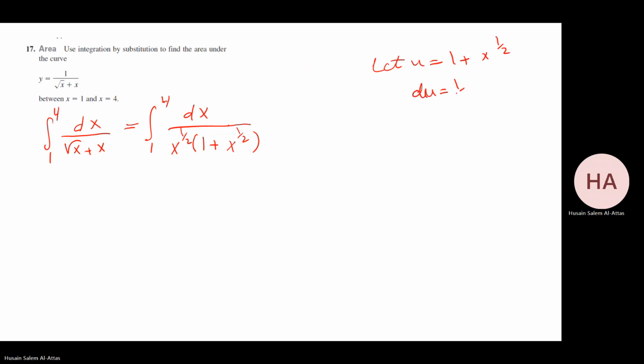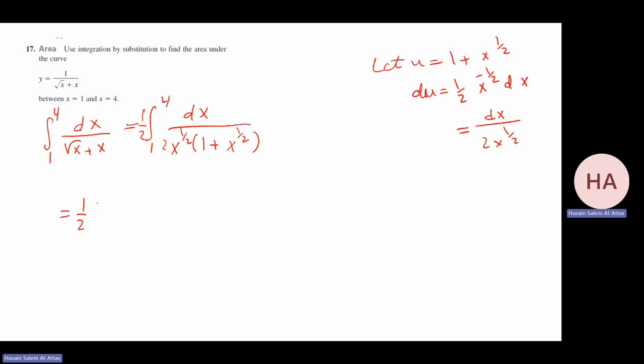du will be half x to the power minus half dx, which is 1 over 2 x to the power half dx. So I need 2 here and half outside.